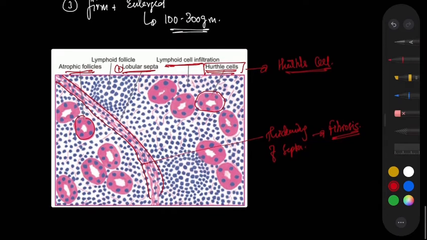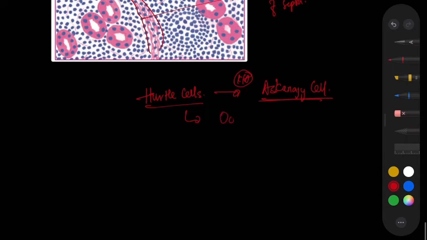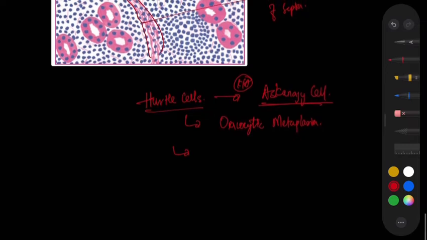Hurthle cells are also known as Ashkenazi cells. They're an example of oncocytic metaplasia. What are Hurthle cells basically?